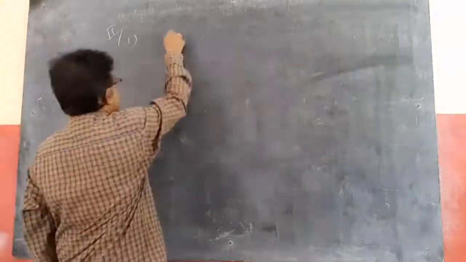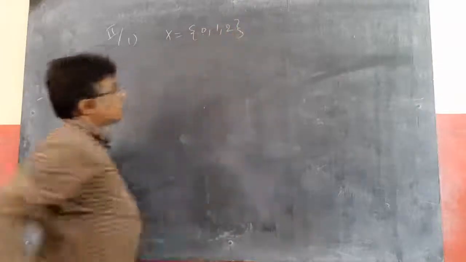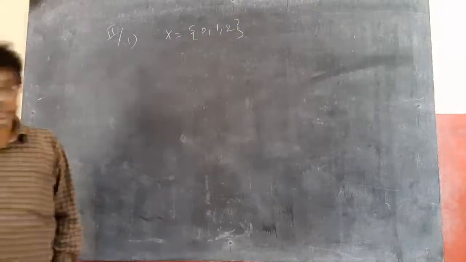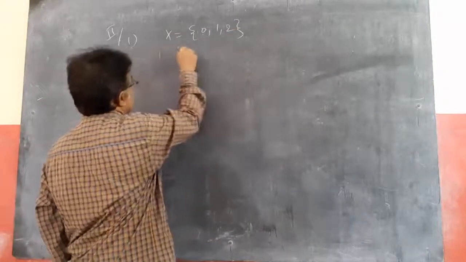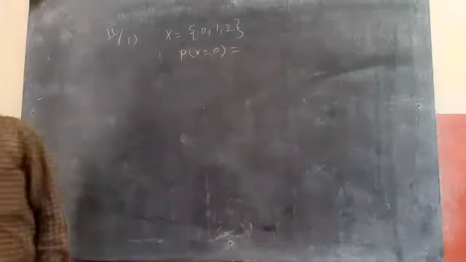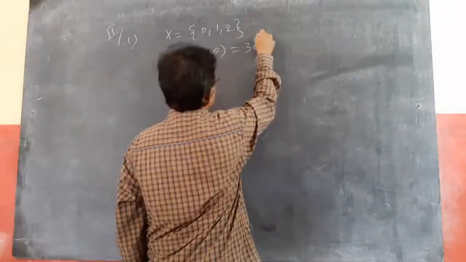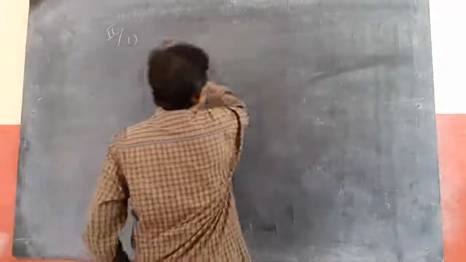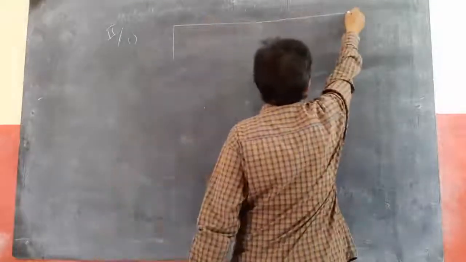Given that P of x equal to 0 equal to 3c cube. We will make a table like the previous sum. We did not give the table, we need to prepare the table and write the table directly.